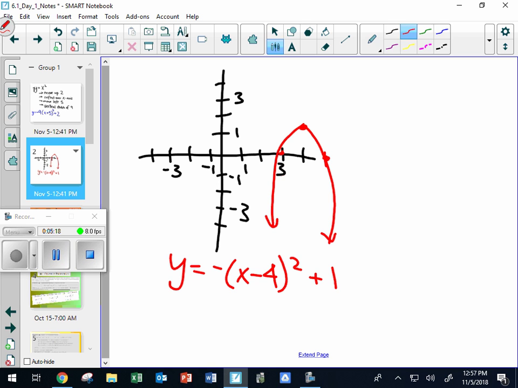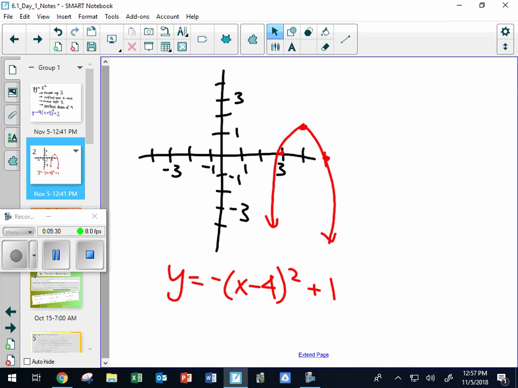Right? So you might be thinking, that was something that we learned day 1. What if, instead of saying just a negative x minus 4, what if this was a negative 1/3? How would that change your current graph? Take a few moments.